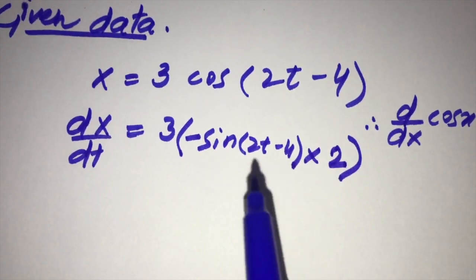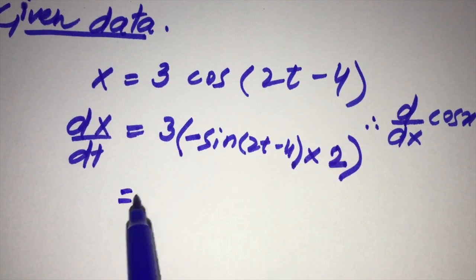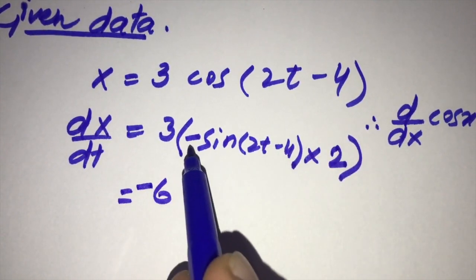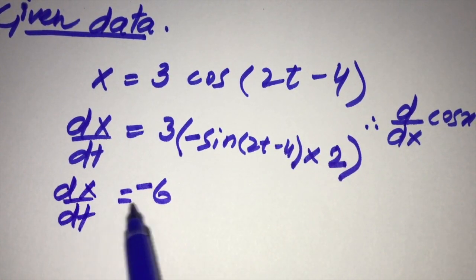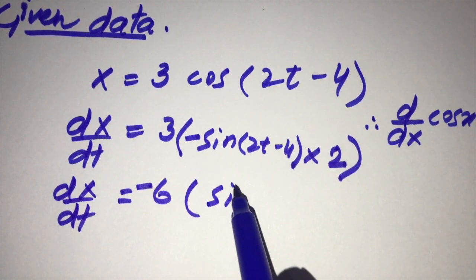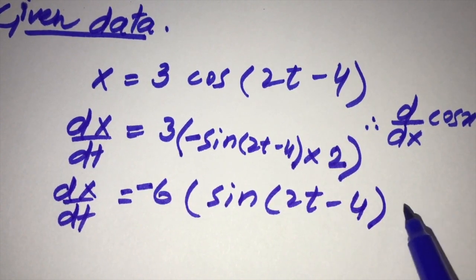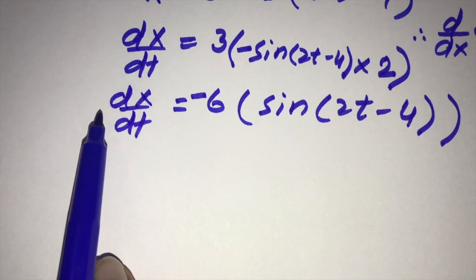Take this 2 outside, 3 twos are 6, and take the minus outside. So dx by dt is equal to minus 6 into sine of 2t minus 4.